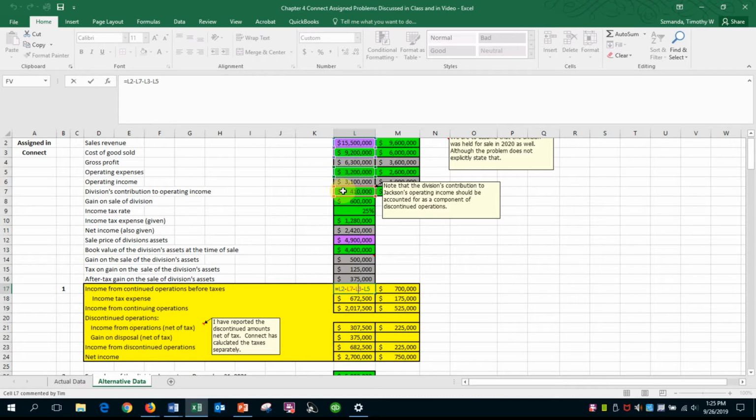I'm working on 2021 here, column L. They included the income, as it says in the problem, from the division that's being discontinued. We have to break that out separately. So when I'm determining income from continuing operations, I cannot consider the division's operating income. That's got to be considered, as we said, separately down below. So we've got to take that out.